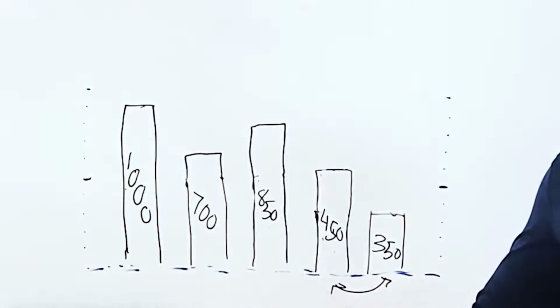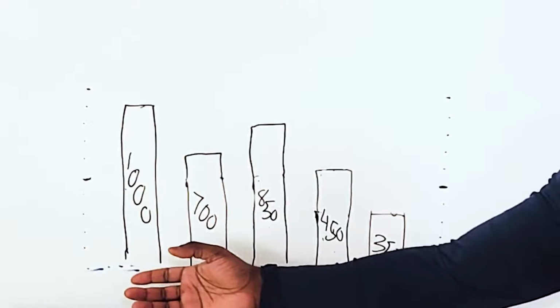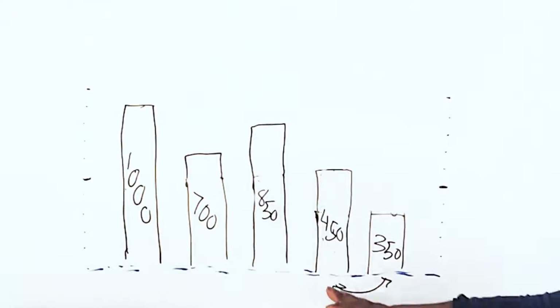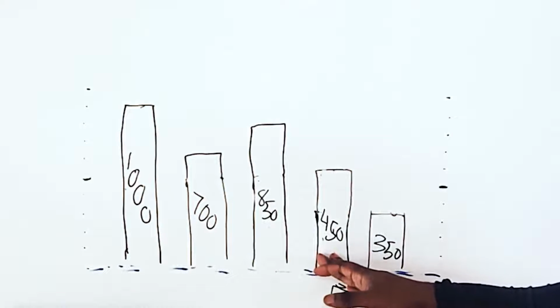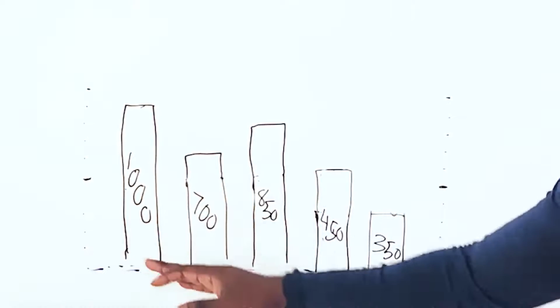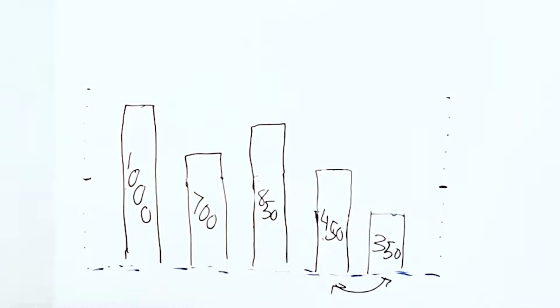So as you can see, after the second pass, the second smallest item has come into this position right here, which we wanted. And so we're going to do another pass so that the third smallest item will come into this position.